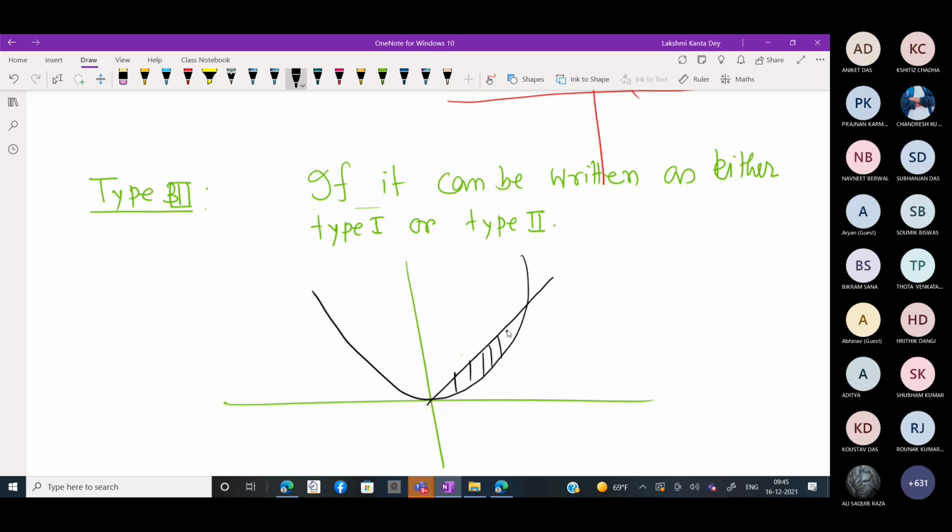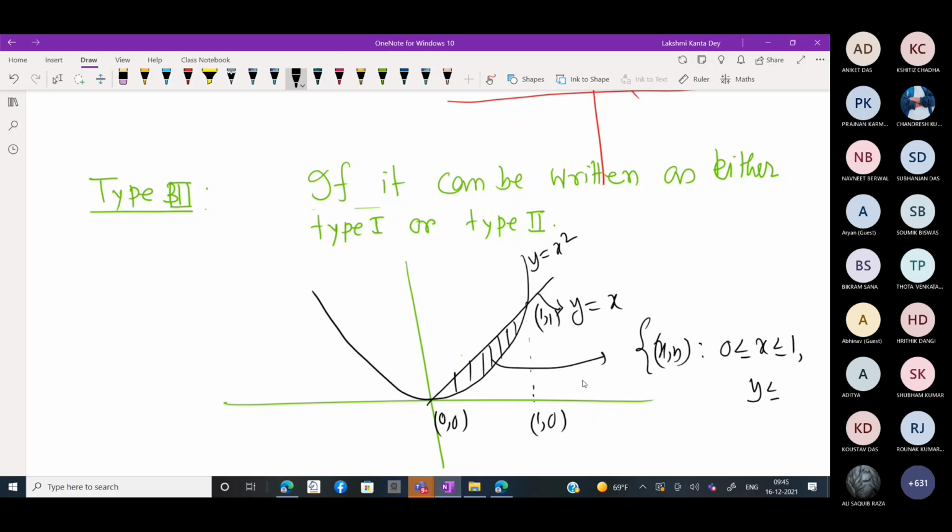Suppose this thing is y equal to x square, and this thing is y equal to x. So what is this point? This point is (1,0), and this is (0,0), and this is (1,1). So I can write this as the set of all (x,y) such that 0 less or equal to x less or equal to 1, and y is between x square and x. So this is type 1.